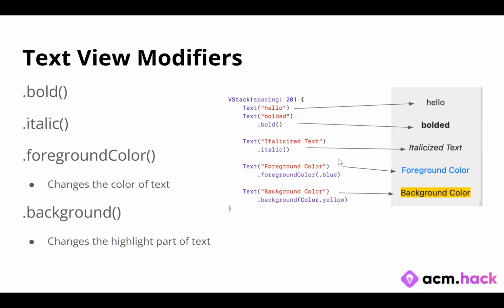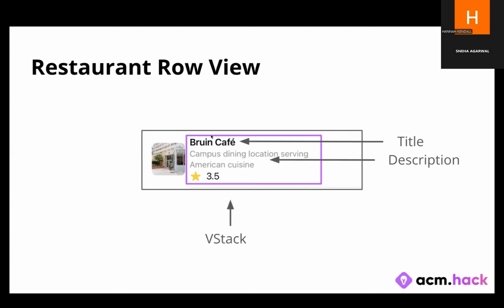This is a VStack here where we have our title and then our description and then our ratings below it, which is then again further nested into another view where we have an HStack inside of it with our star for our little rating symbol and then the actual rating next to it.